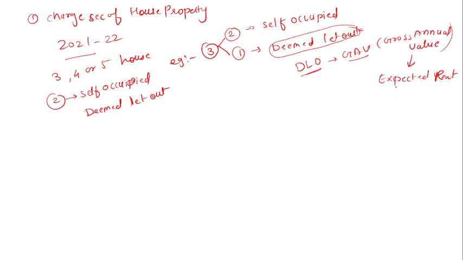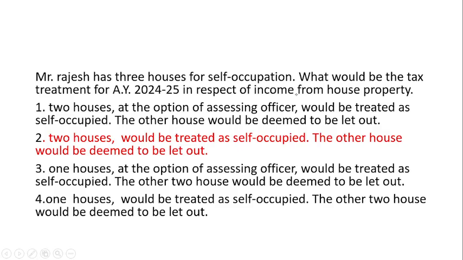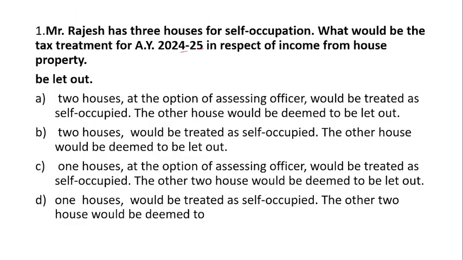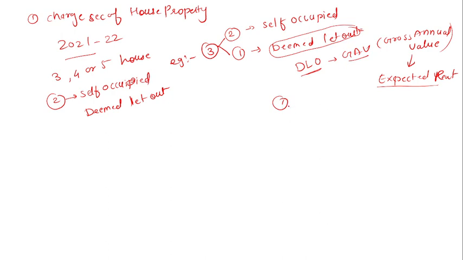For calculating the expected rent, there are some conditions given here. First, we need to find out the municipal value, and we compare the municipal value with the fair market value.